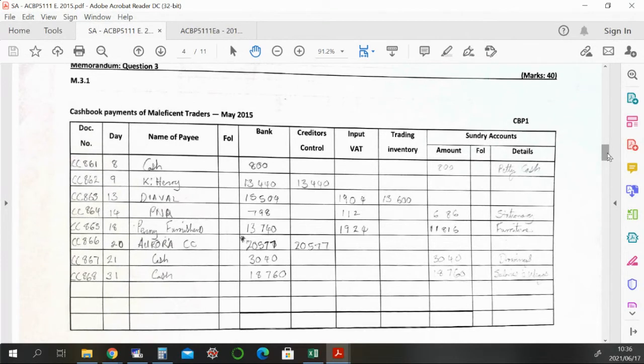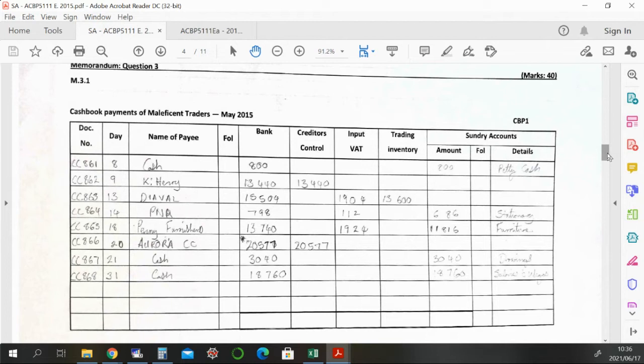We've read the additional information. We then have to go through each transaction. The first one, trading inventory purchased on credit, we know is for the Creditors Journal. Then we move on to the next one: trading inventory returned to the supplier.